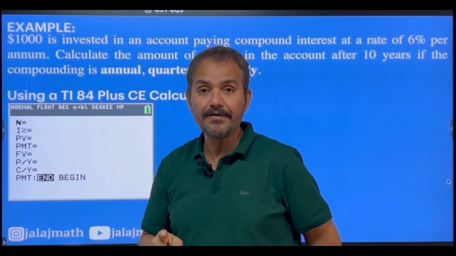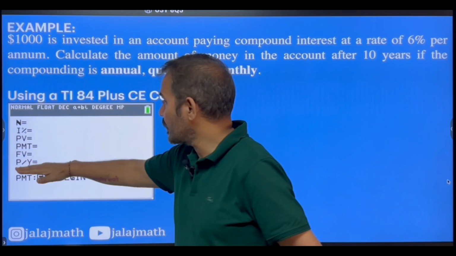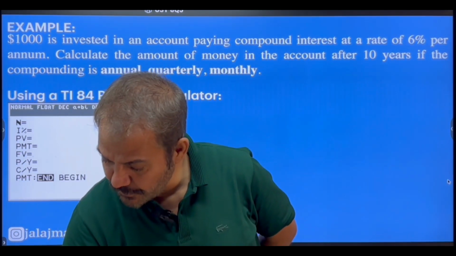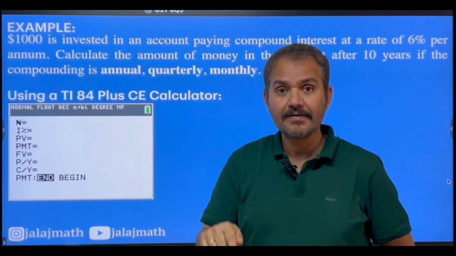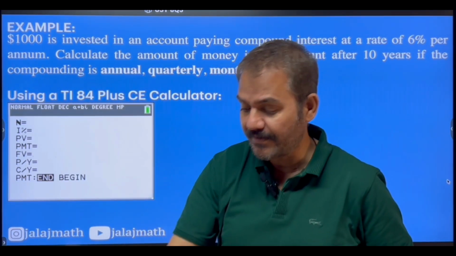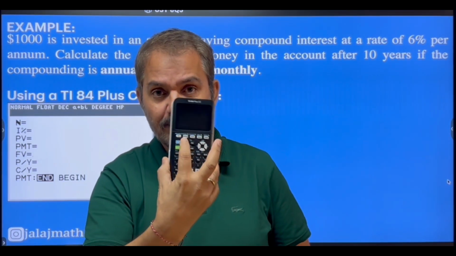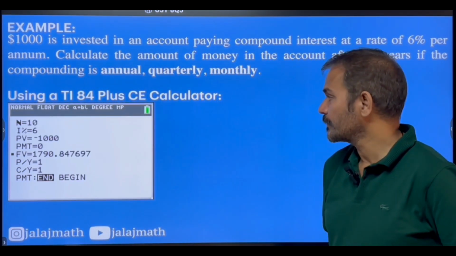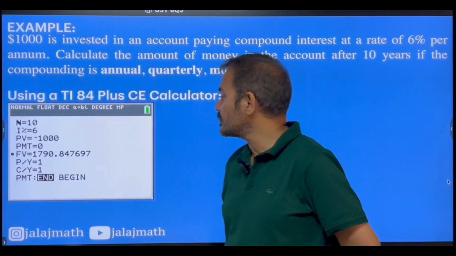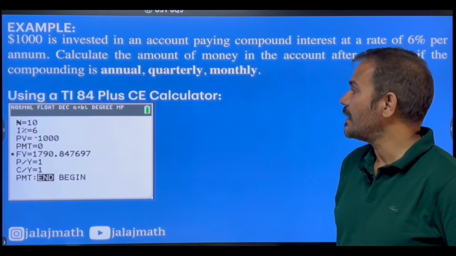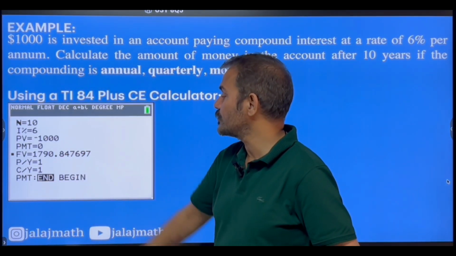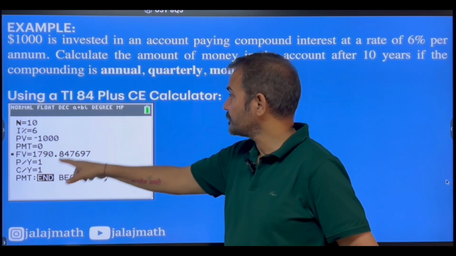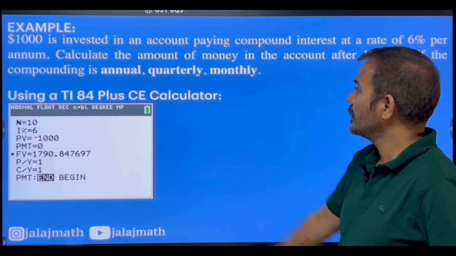In the TI-84 Plus CE, take your cursor to FV, then press Alpha and Enter. Alpha is this green button here. When you press Alpha and Enter, this is what you see: 1790.8, the amount, the future value. And you see your present value was negative. So this is how we do this.